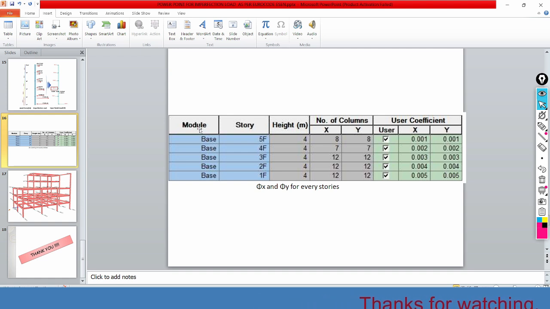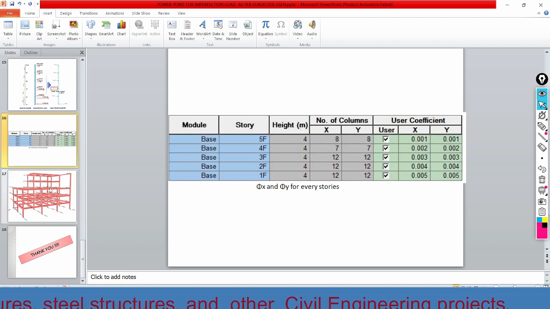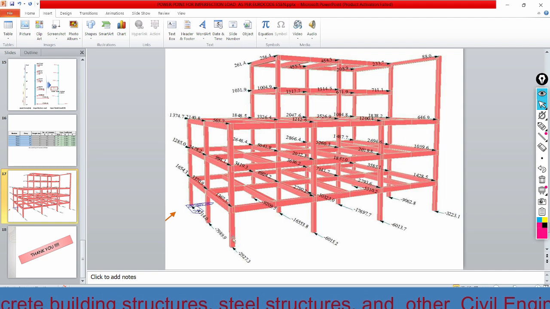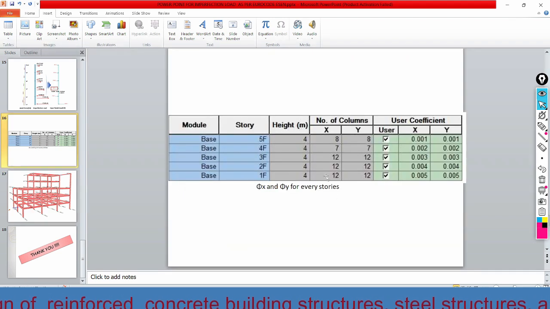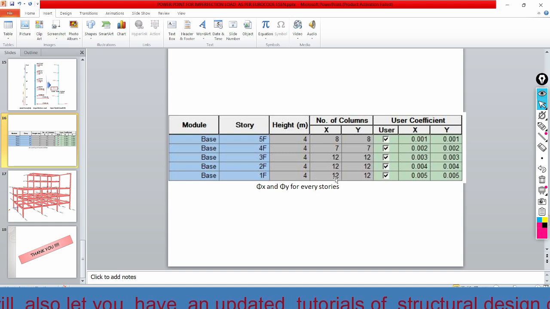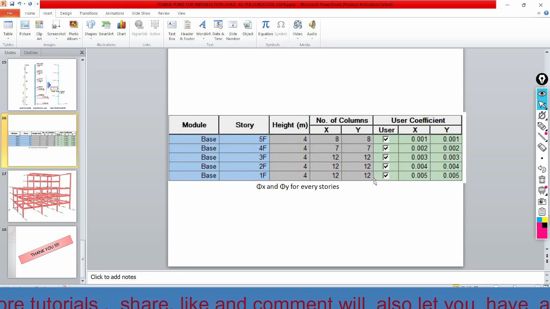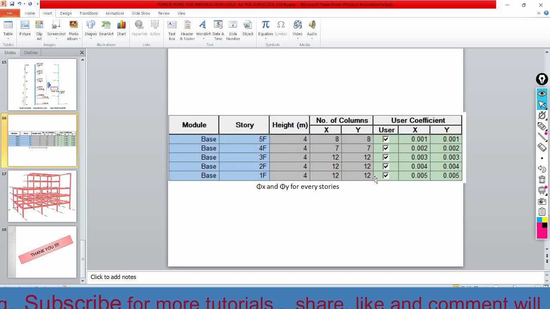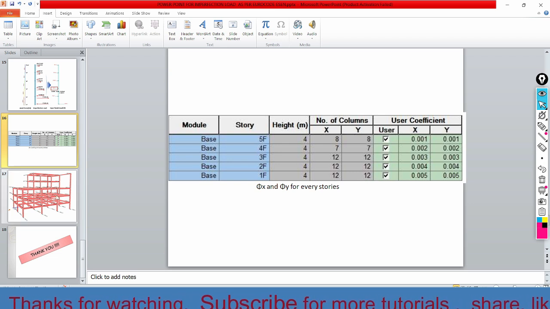So here, this is the name of the story, and this is the height, and this is the number of columns in x and y direction. That means at the base, at the first story, we have 12 columns in the x direction and 12 columns in the y direction.